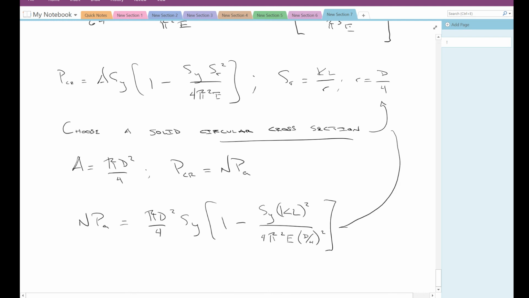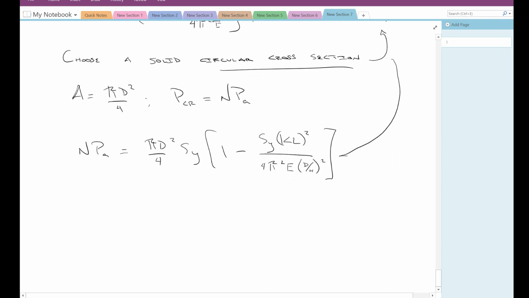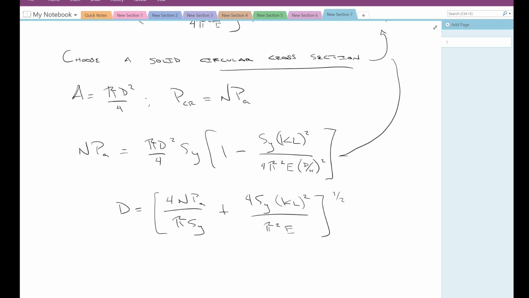And we have this equation, and then we can solve this for our d, the diameter, and we can say 4 times our design factor times our allowable load over pi times our yield stress plus 4 times our yield stress times our n fixity condition times our column length, quantity squared, over pi squared E, quantity to the 1/2. Again, this is an example for a solid circular cross-section.